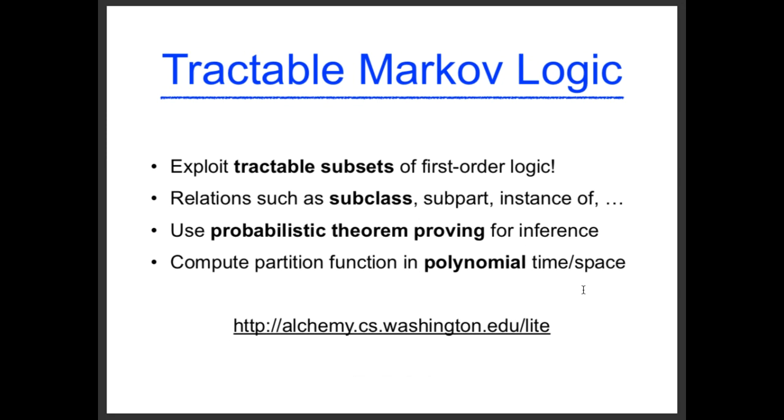There is a paper on that, and you can find it on the Alchemy website. Basically, the key idea behind it is that you are capable of computing the partition function, this time in polynomial time, not in exponential time, both in time and space. There is also a software light version of Alchemy for tractable Markov logic.